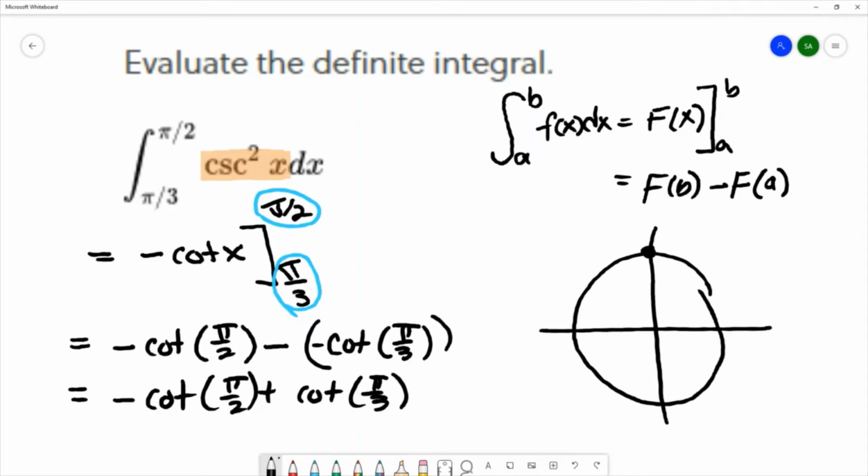Pi over 2 is an angle of 90 degrees, and that ordered pair is 0, 1. So that's pi over 2. And then an angle of pi over 3 is here, which is 1/2, square root of 3 over 2.